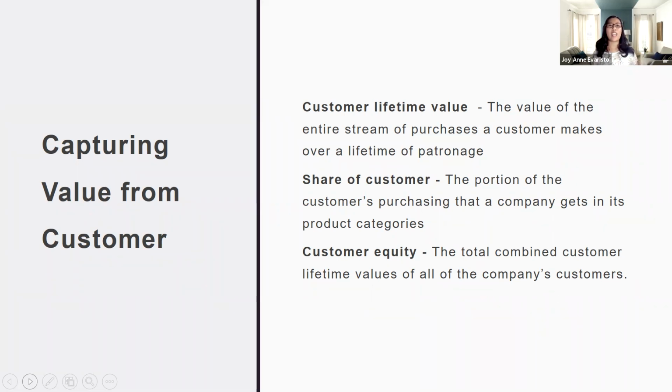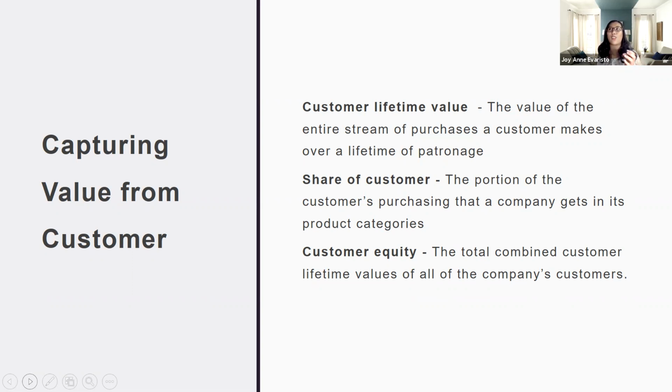Next, we have what we call share of customers. This is the portion of the customer's purchasing that the company gets in its product categories. For example, let's use the same example. You're a loyal customer of Starbucks.